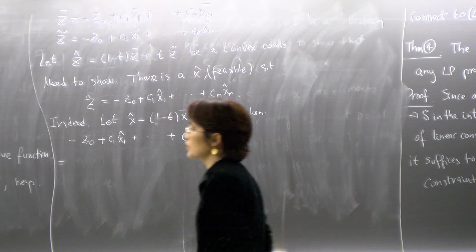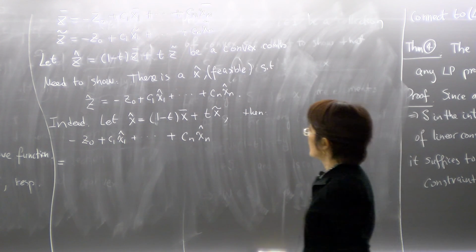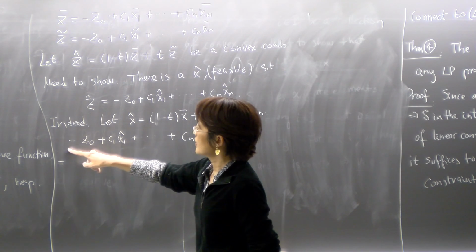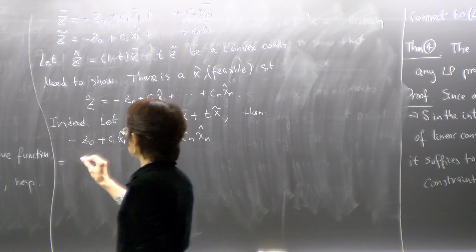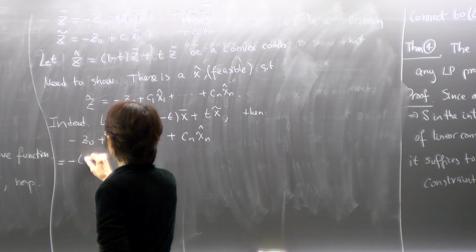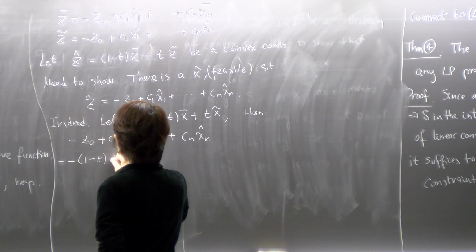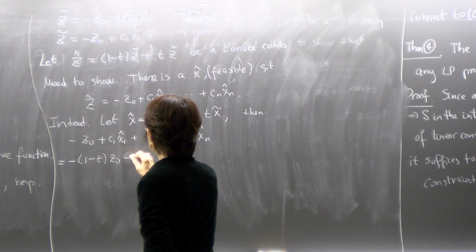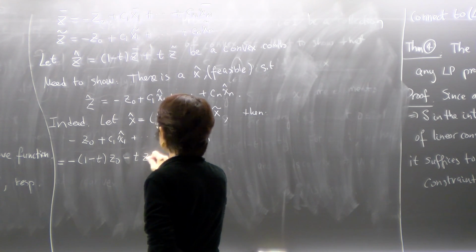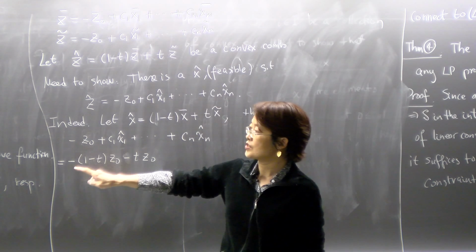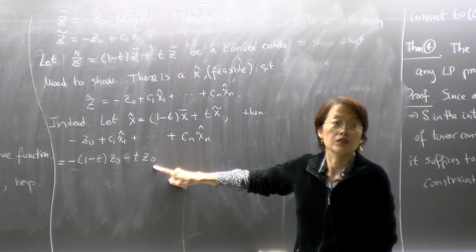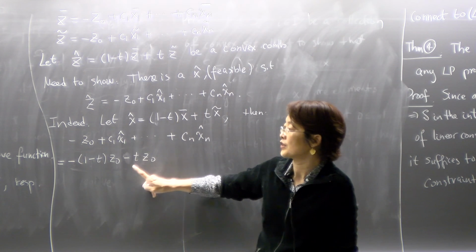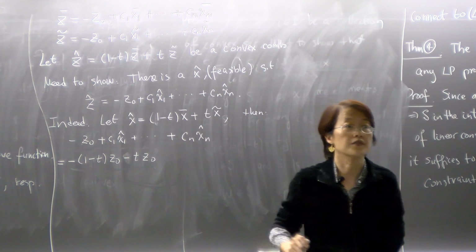One trick I do, I will split z0 into the following. I can write negative z0 as (1 minus t) times negative z0 plus t times negative z0. You can easily verify that's true. You add up the coefficients, it's 1. You just get negative z0.